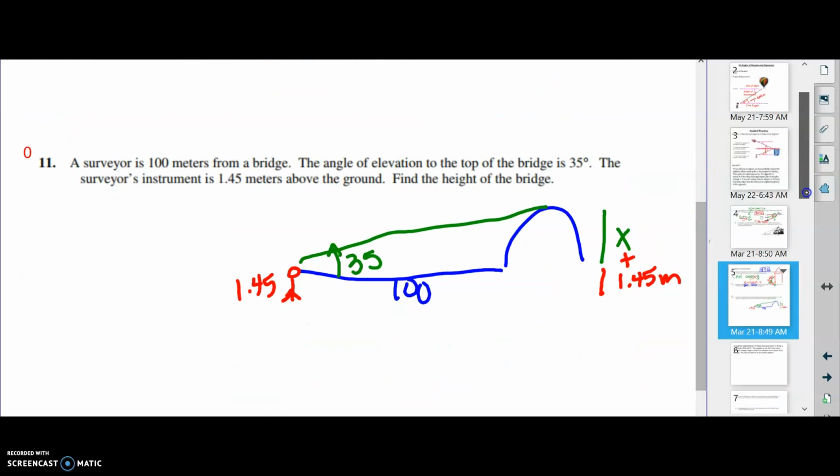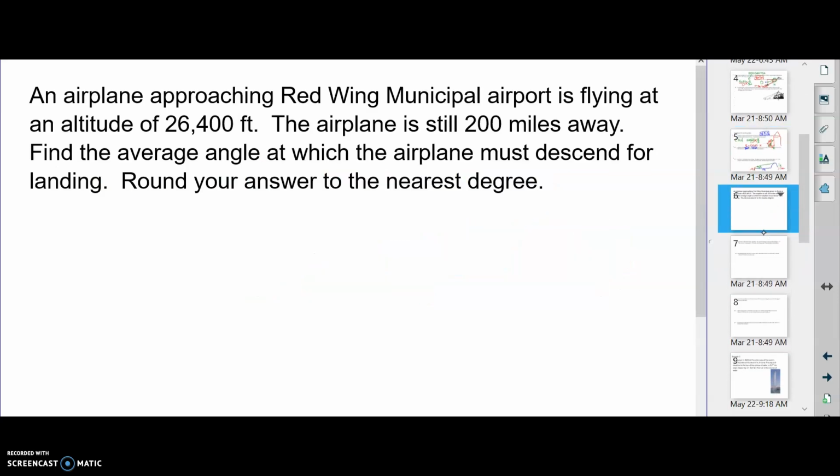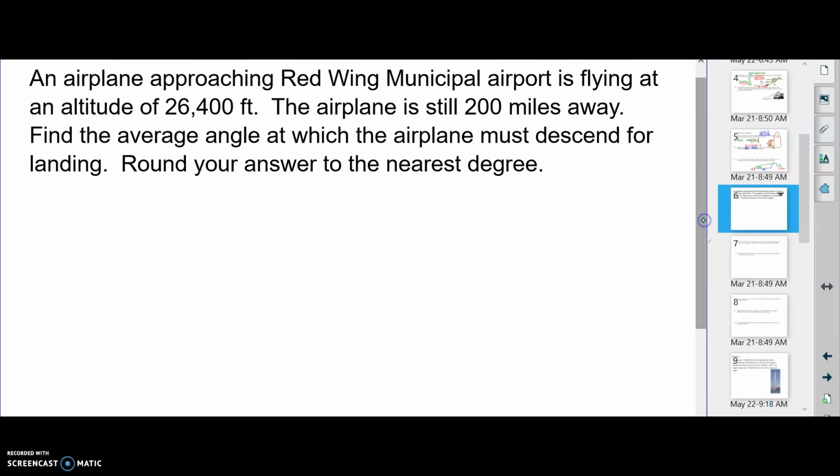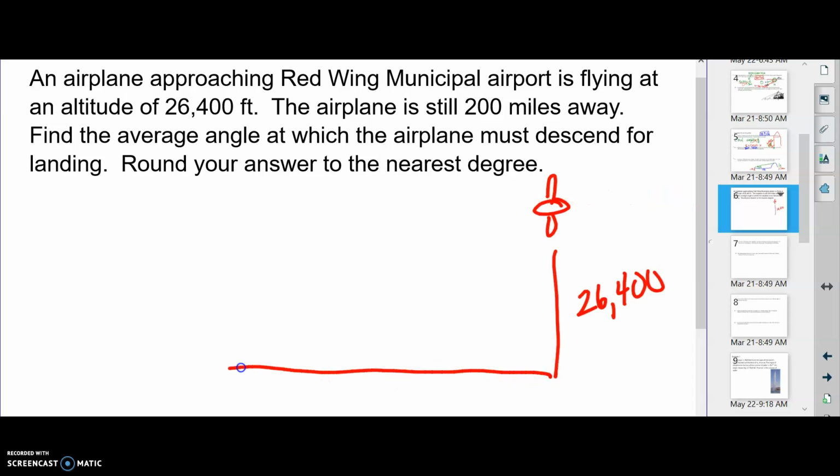Let's see, one more here. On this one, it says an airplane approaching the airport is flying at an altitude of 26,400 feet. The airplane is still 200 miles away from the runway.